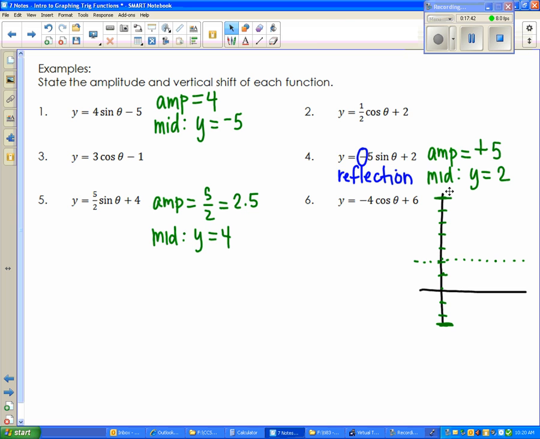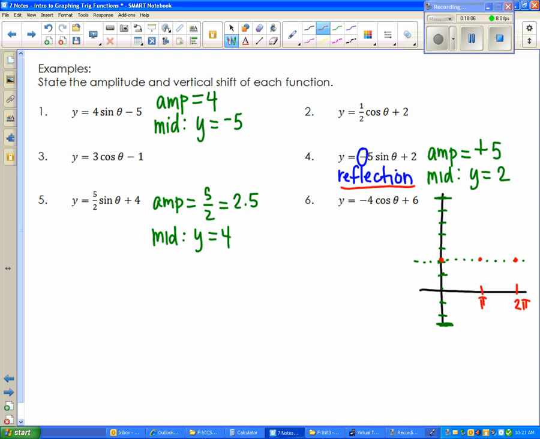I know that the graph of the sine function starts in the middle, and so my new y-intercept is going to still be on the midline, and it's going to end in the middle. So I'm going to label this as 2 pi. And I also know that halfway between those 2 points, it hits the middle again, and that's going to be at pi. And normally, my sine curve goes up first and then down.